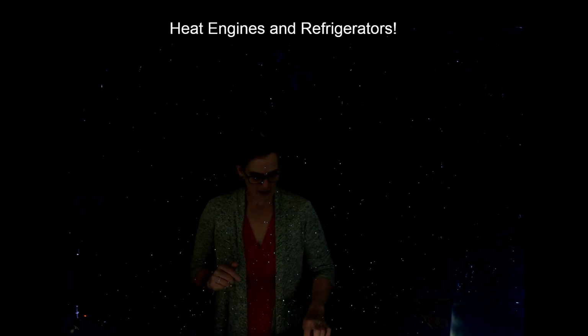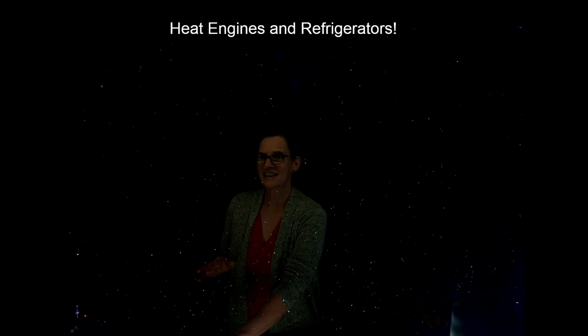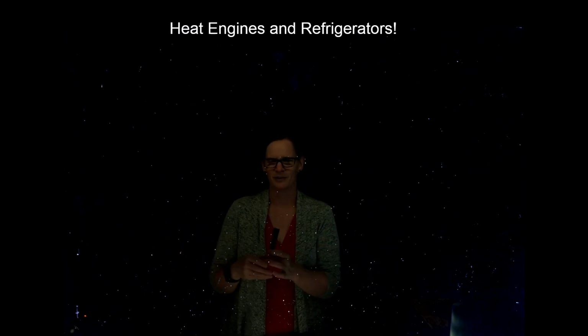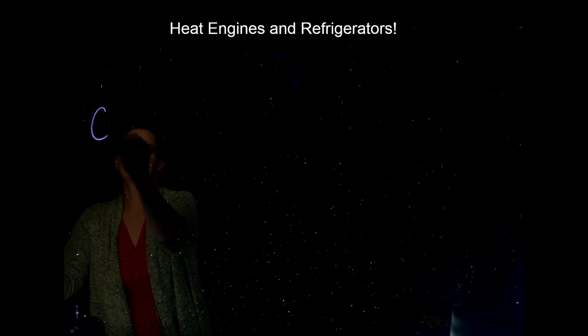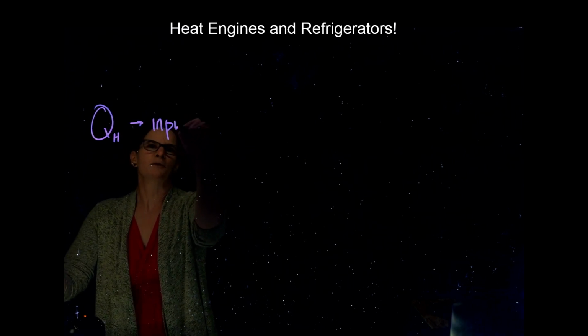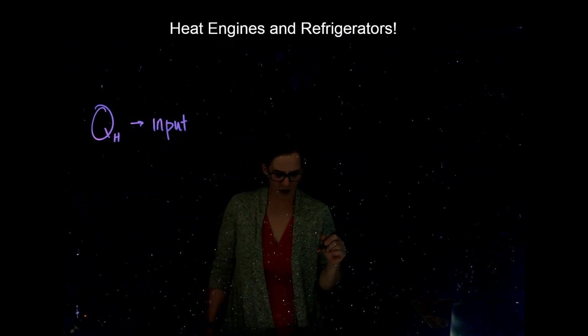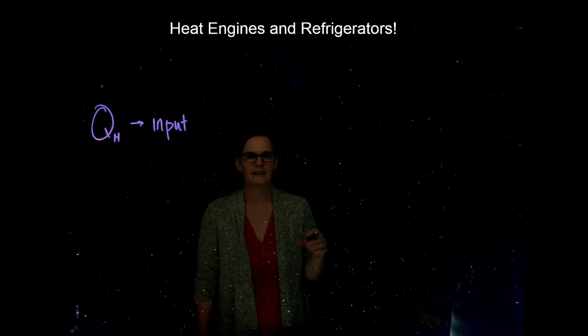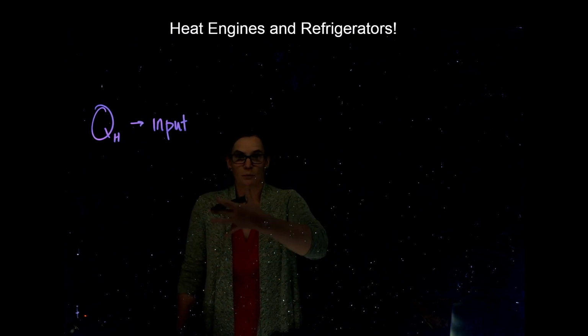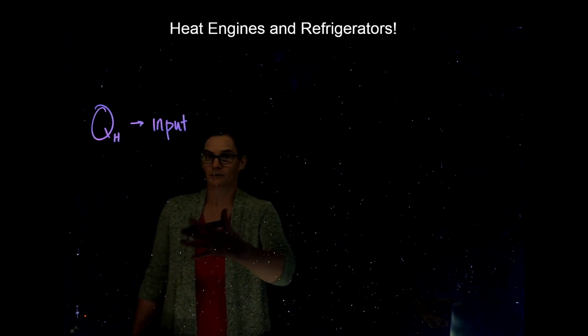All right. So when we think about using heat for work, we want to define a few variables. The first is that we have sort of the input heat. Okay, we're going to call that QH, right? The input heat, how much heat we have in the system or that we're going to put into using for work.